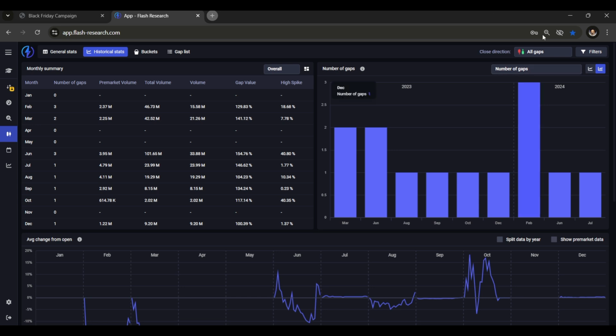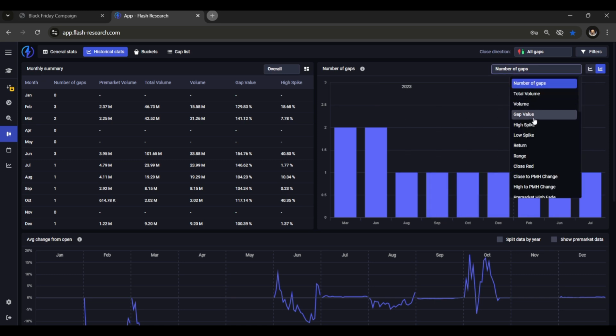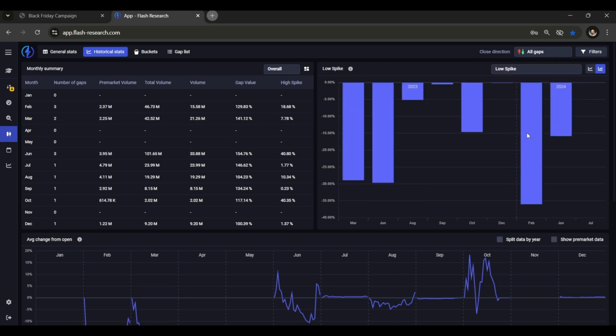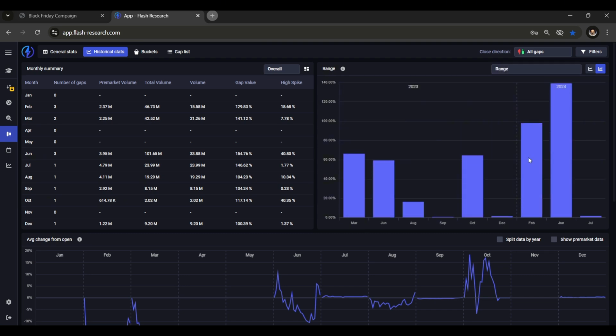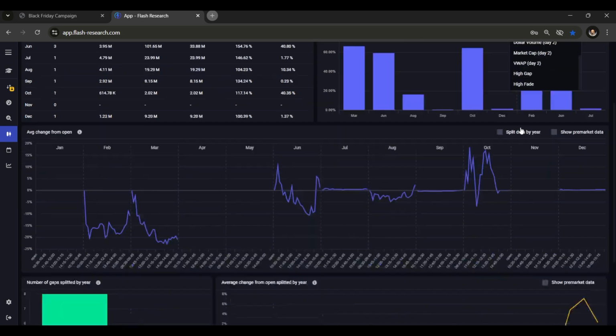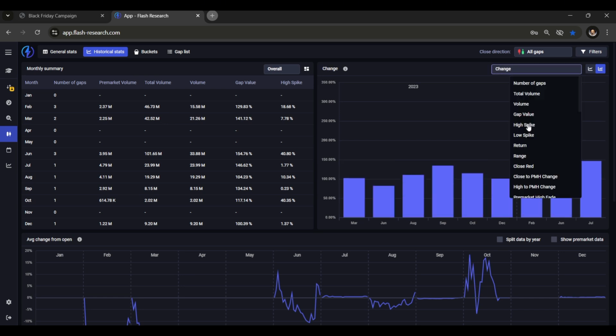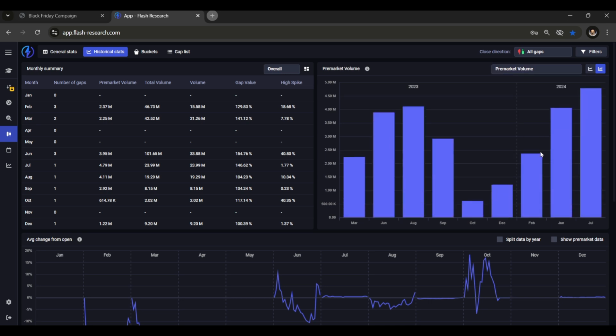Moreover, in this chart over here, on the right part of the screen, you are seeing a chart displaying the number of gaps split by month, but you can also, for example, see the volume split by month. You can see the low spike, you can see range, you can see all of this. That creates a different graph, and that graph can serve you to analyze what you want to analyze.